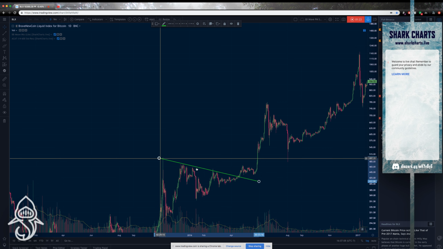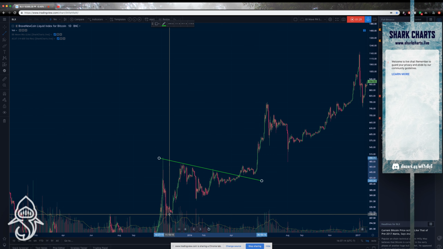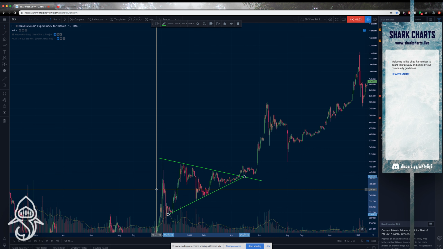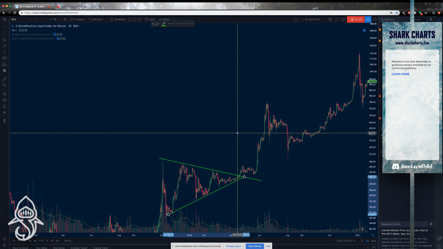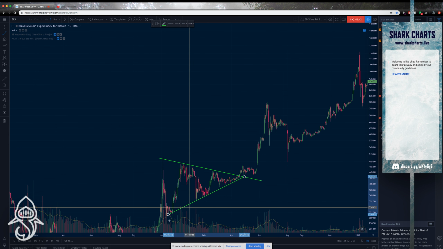Because it looks like Bitcoin had this super tight compressionary structure of the symmetrical flag, right? And what's really important is to draw your broken structures, because what we typically like to do in hindsight is to draw our breakout structures as they appear in terms of volume and movement.